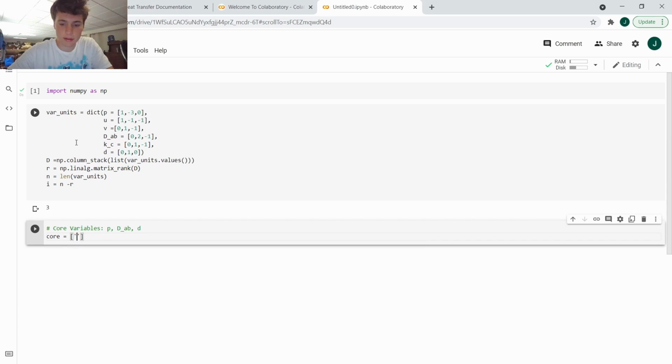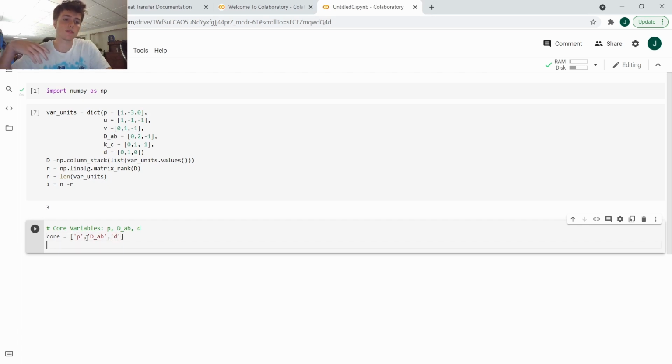So the density, just know when I use the dictionary up here and I put P, Python actually converts that to a string, so I have to make sure this is a string, otherwise it's going to say that variable is not defined. Same thing for DAB, and then D.